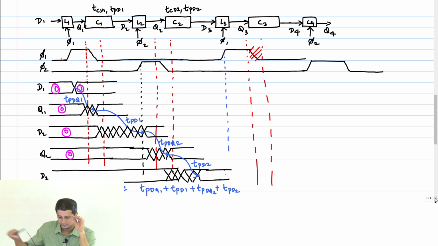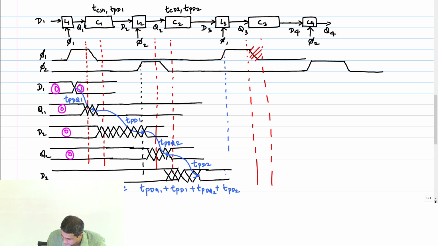Okay, now let's come back to our min delay constraint. Where can D1 change? If you look at Q1, the aim of Q1 is to simply hold this data for as long as possible.